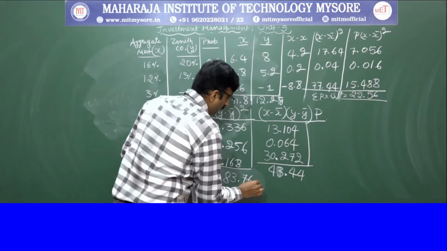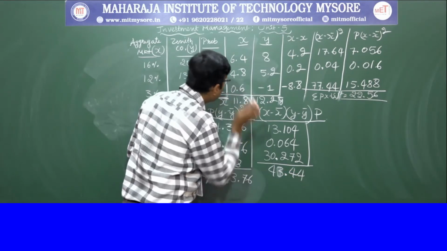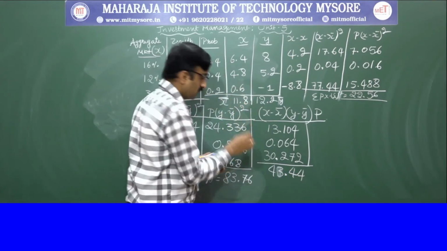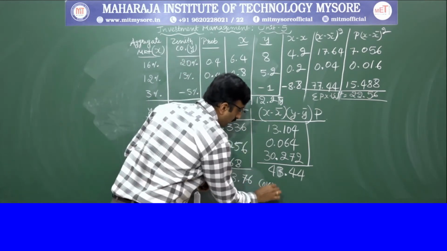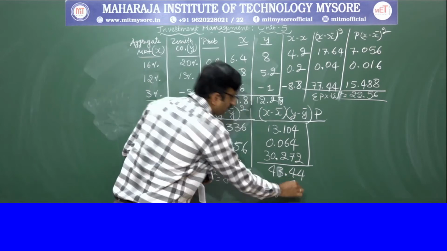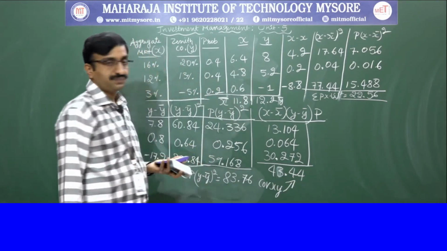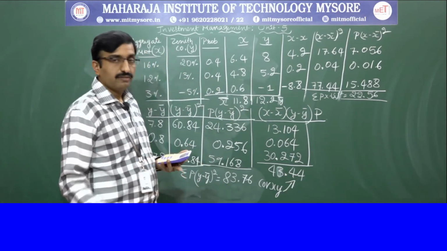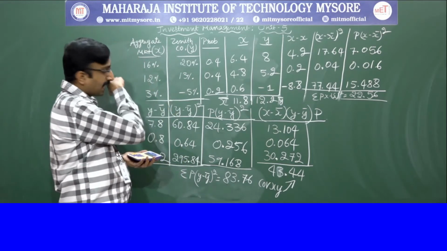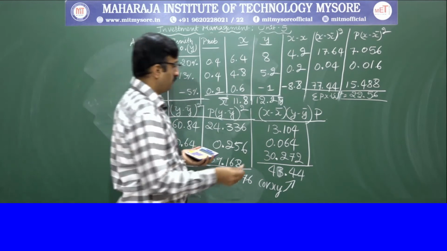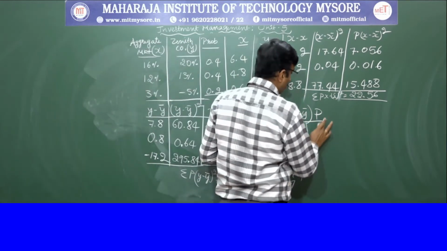This is called covariance, covariance of x, y, 43.44. So, then find out standard deviation of x and standard deviation of y.